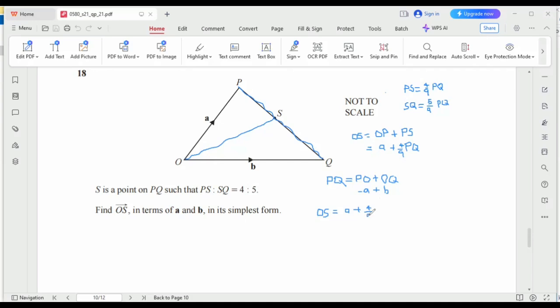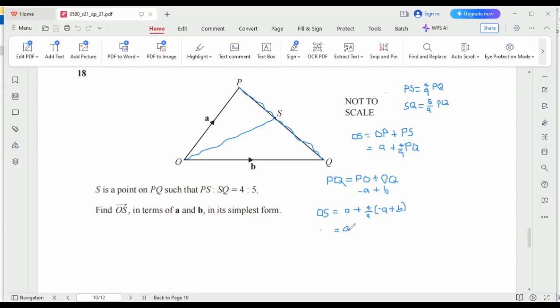So instead of PQ, I'll just write minus A plus B in a bracket. They said find OS in terms of A and B in its simplest form, so we have to get this in the simplest form. So OS will be equal to A.